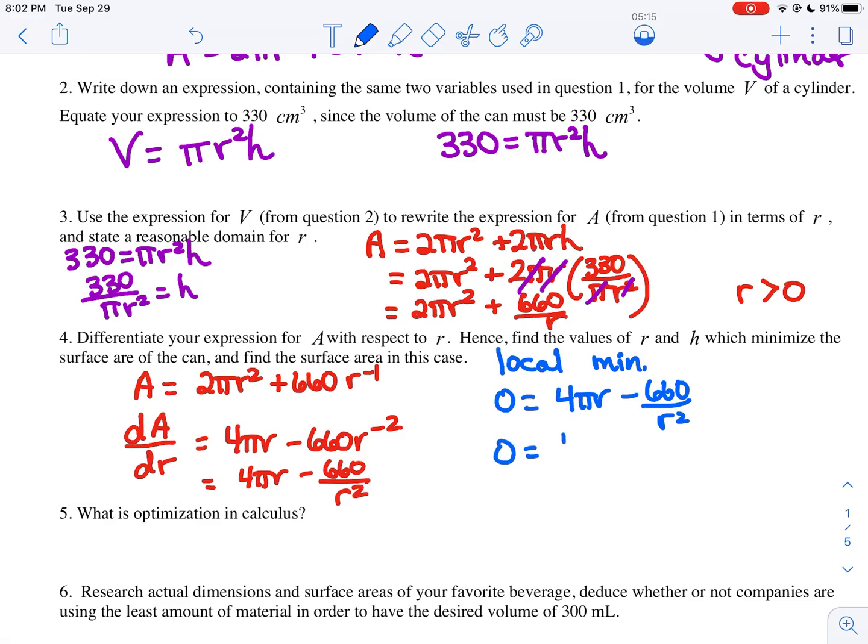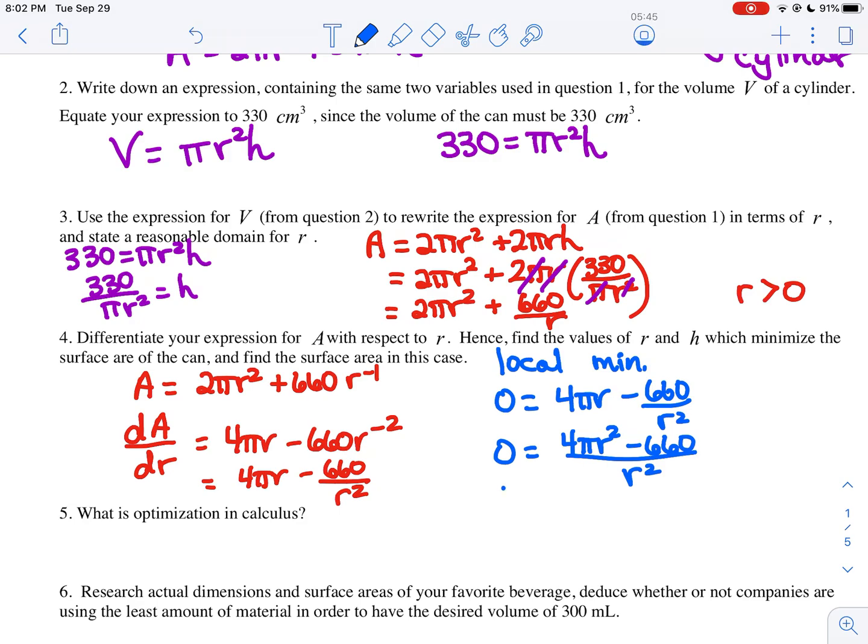And something I need to tell you about is when you have a fraction, or there's one term that's a fraction, you might miss something if you bring that over to the other side and cross multiply, because that denominator is part of the derivative, so we don't want to get rid of it.